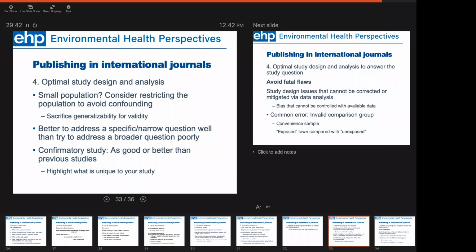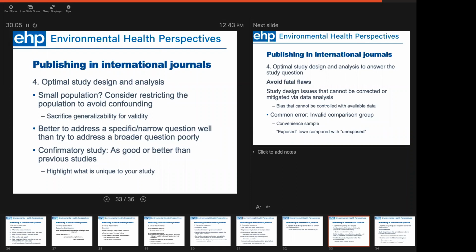You lose generalizability, but you may have a more valid study. So think strategically about what you really can do with the resources that you have. You may be better off addressing a very specific or narrow question if you can do that very well than trying to address a really big question but doing it poorly.